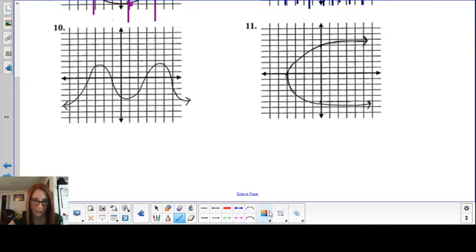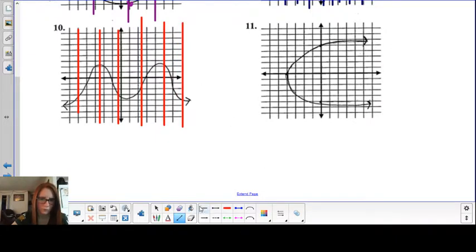All right, let's take a look at this weird looking wavy thing. It's not really anything. Kind of looks like a sine graph, but it looks like it reflected. Not even. It would be a reflected, maybe cosine. Either way, let's draw some vertical lines. What are you guys noticing?